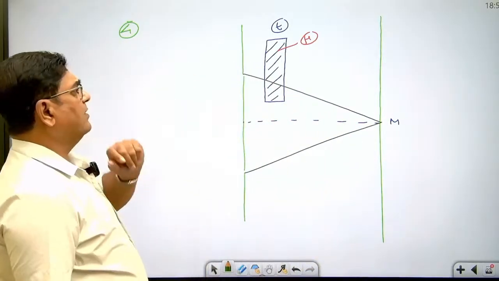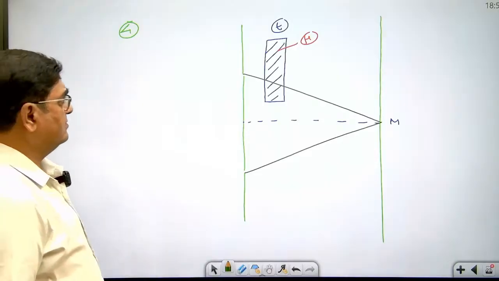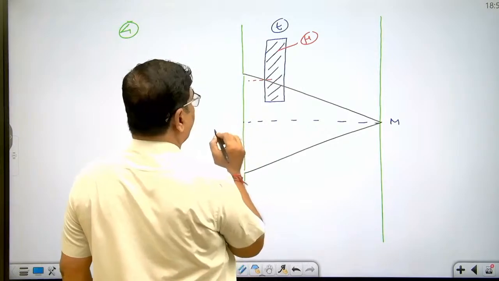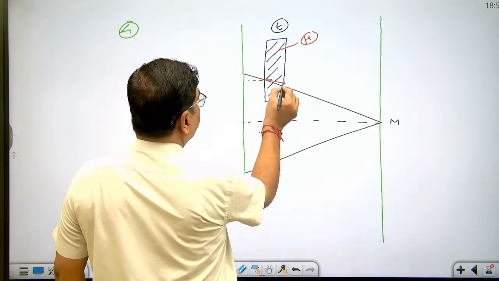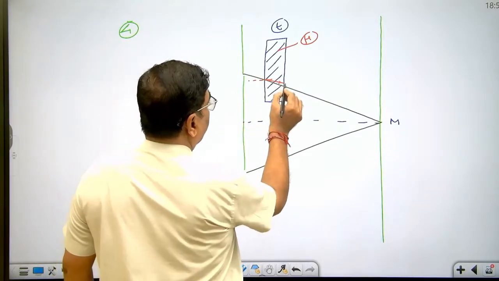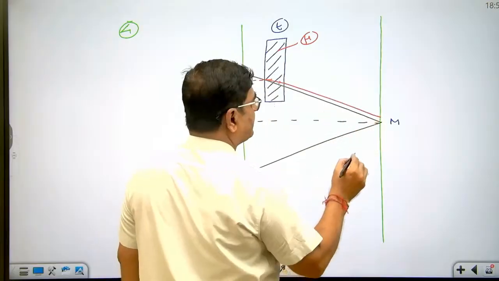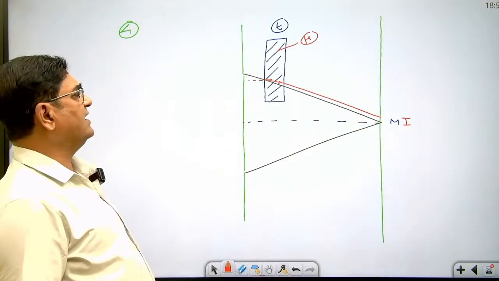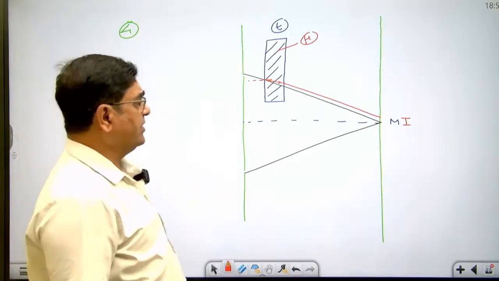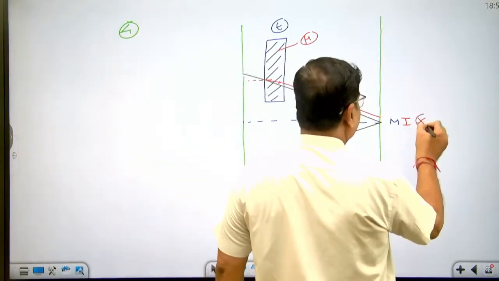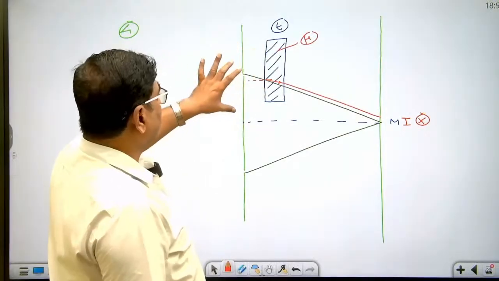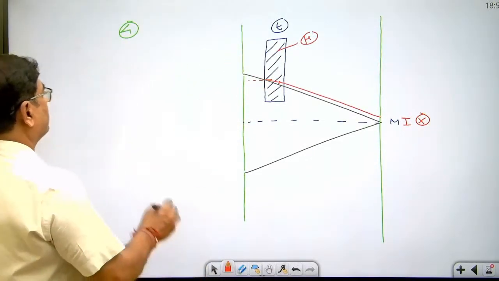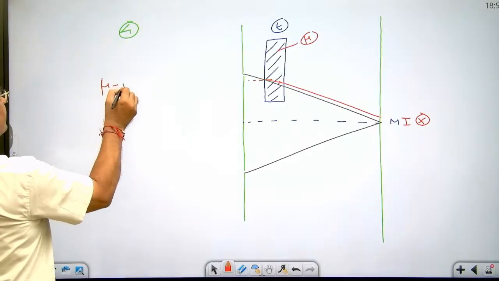Now because of this slab, this light wave is moving from rarer medium to denser medium, so it will shift towards the normal and then go like this. So the complete fringe pattern will get shifted towards the slit in front of which the slab was introduced. Let us assume this is X. The optical path difference introduced due to the presence of this slab is (mu minus 1) into T.